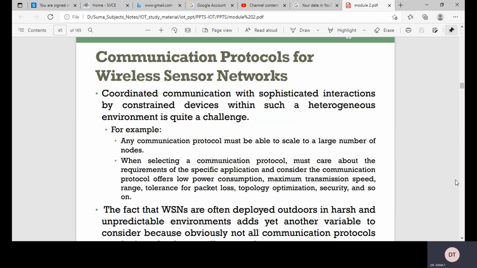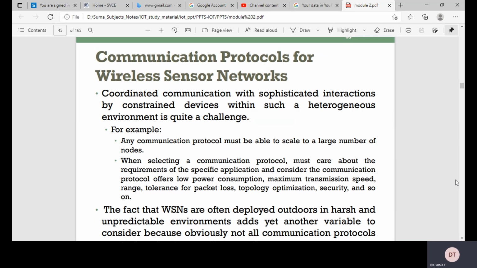The protocols governing communication for wireless sensor networks must deal with the inherent defining characteristics of wireless sensor networks and the constrained devices within them. Any communication protocol must be able to scale to a large number of nodes.